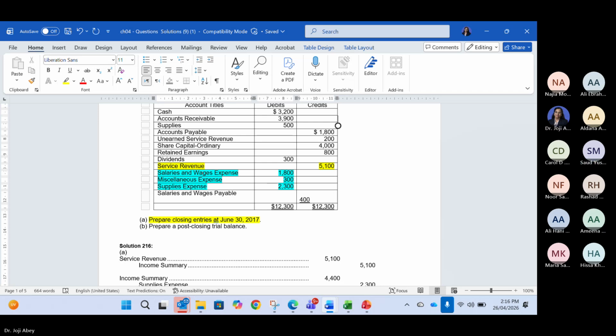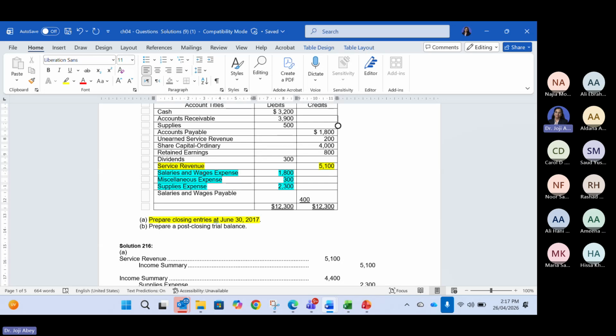Now, unearned service revenue. Unearned, I think, think. Liabilities, I think. I will come to you.